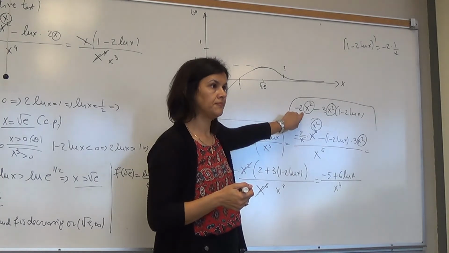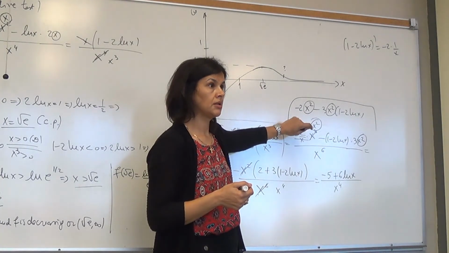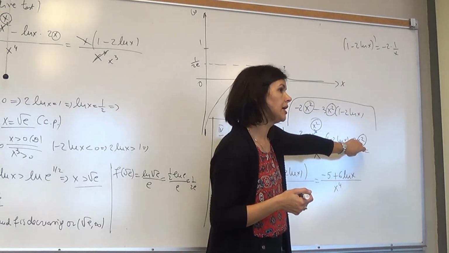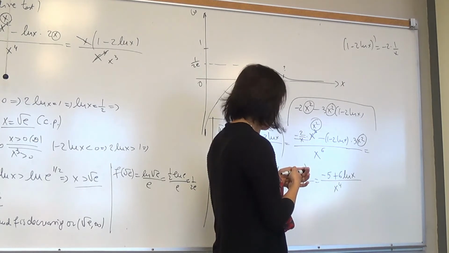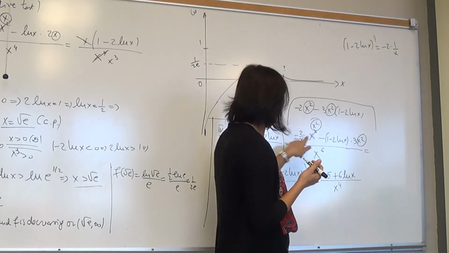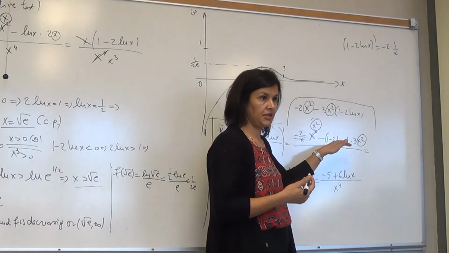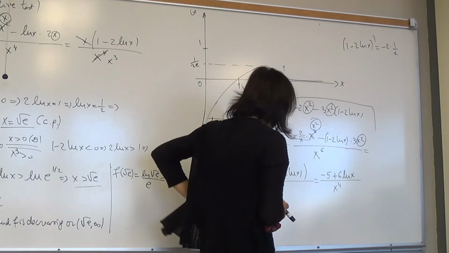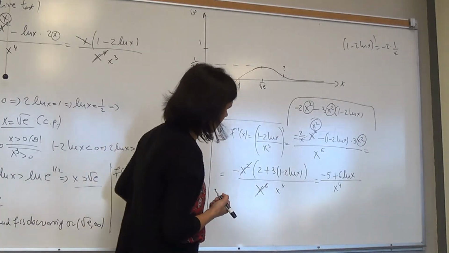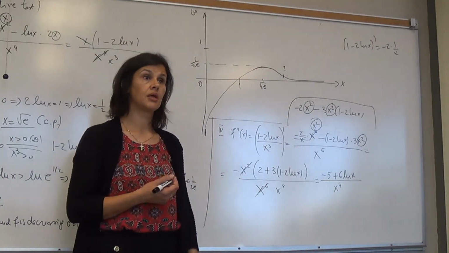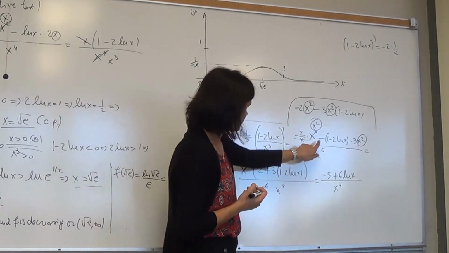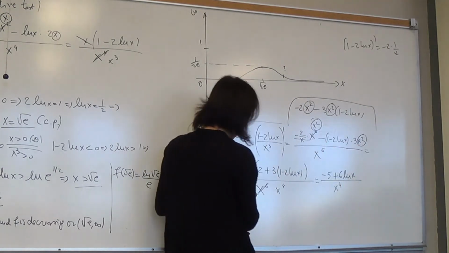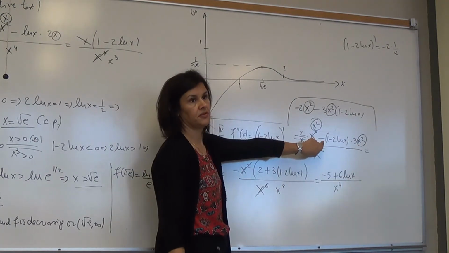The negative was from the quotient rule formula: you have a negative, and then the denominator prime that came with 3x squared. Does the negative not go to the whole parentheses? No. I factor out a negative x squared, therefore I left a positive in front of the parentheses.